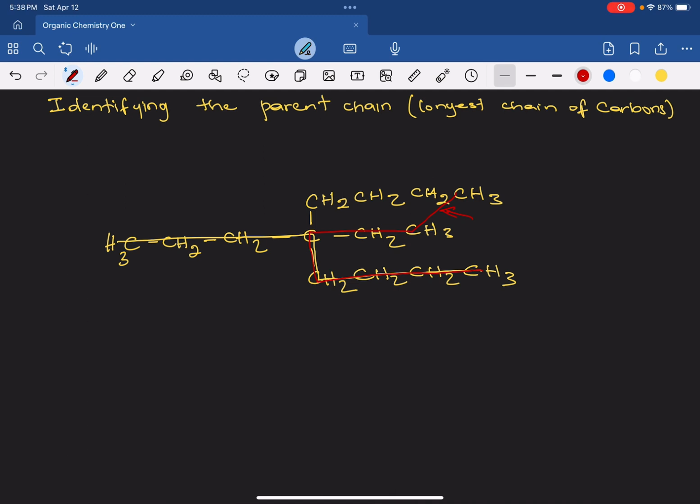You can try it and you will feel exactly what I'm talking about. But in order for you to find your longest chain of carbons, you have to be able to connect the carbons without taking your pen off of the screen or off of the paper.